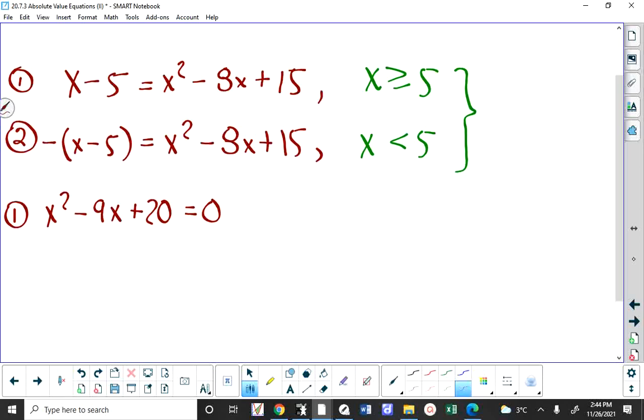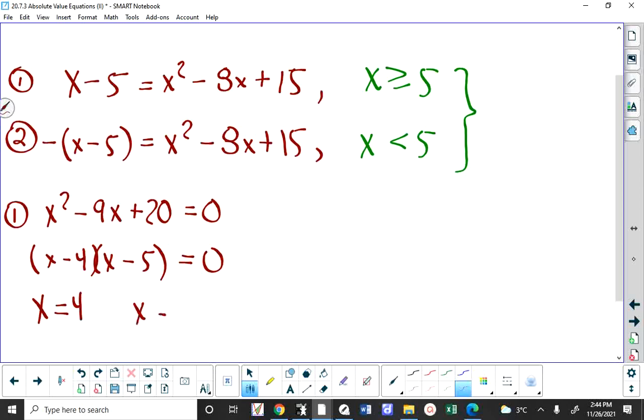Is that factorable? I think so. X minus 4, x minus 5. Boy, it suddenly got very quiet in here. Which means x equals 4 and x equals 5.